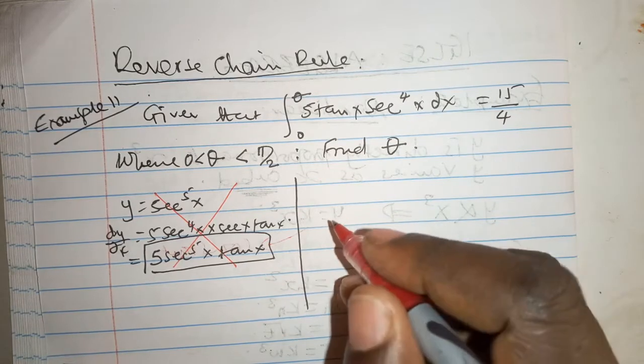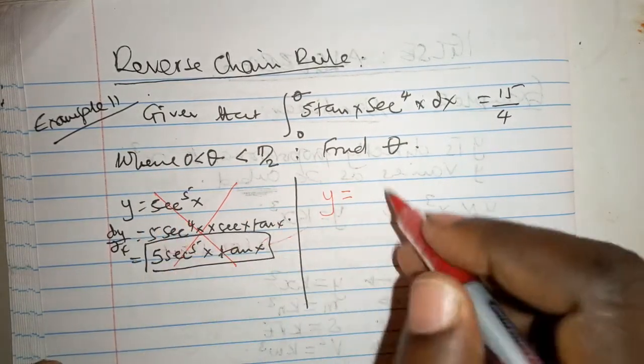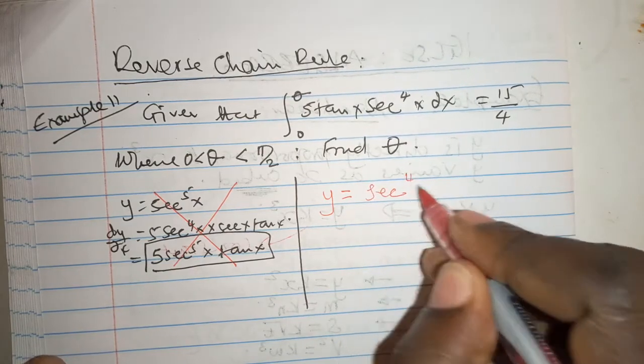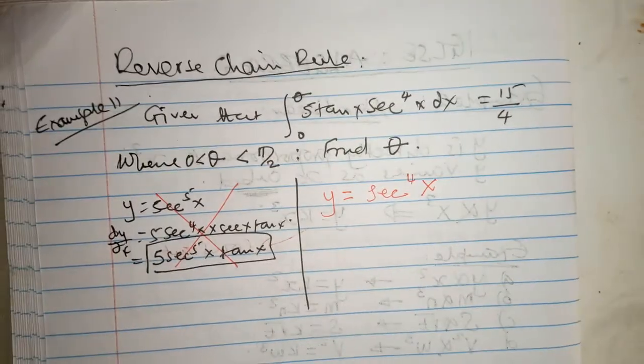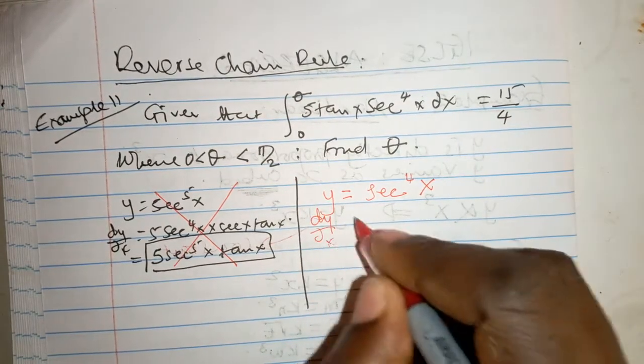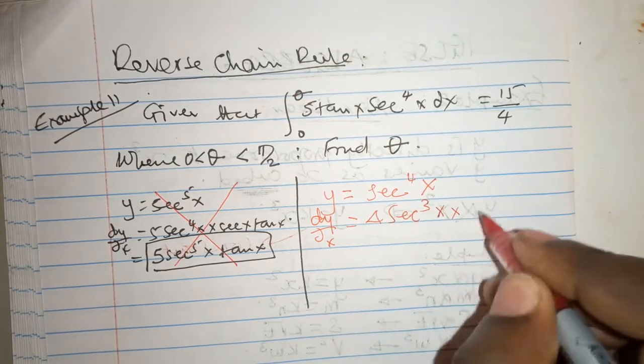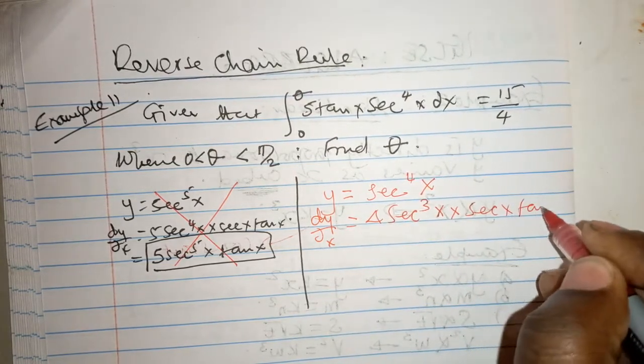So what are we going to take y to be? Cleverly, we must take y as sec 4x. We have to reduce that power, such that dy/dx is 4 sec power 3 of x times sec x tan x.